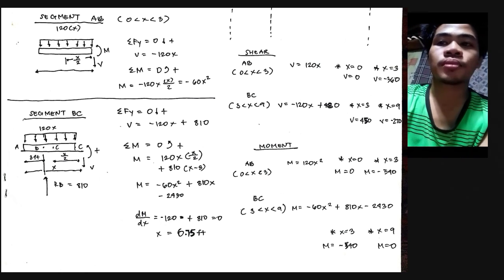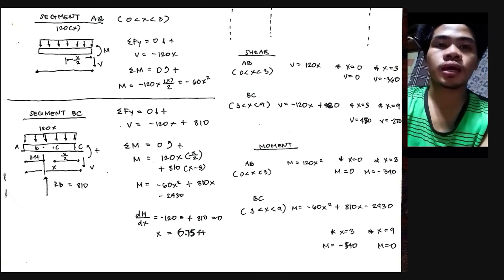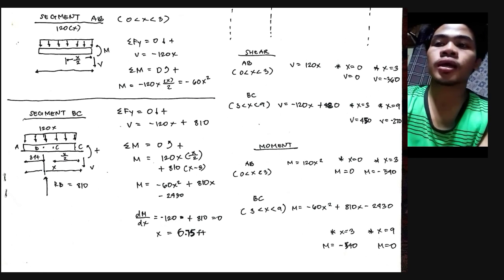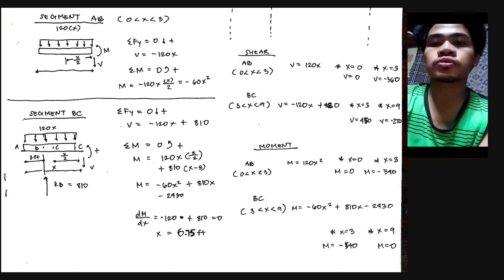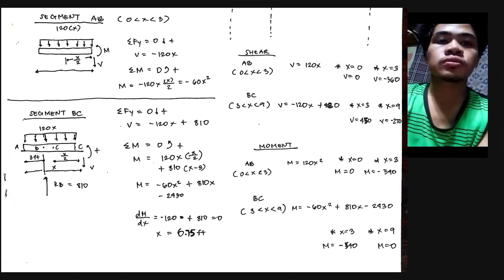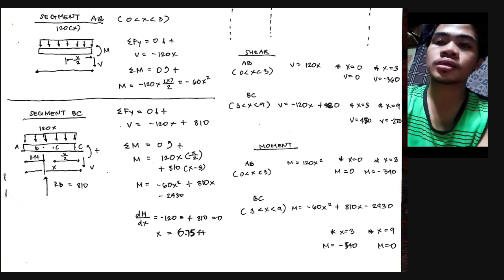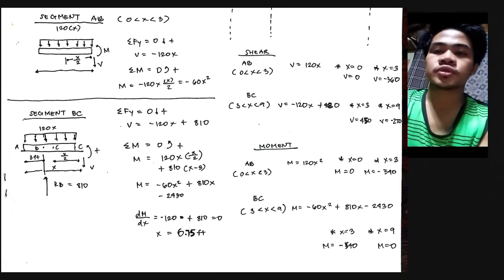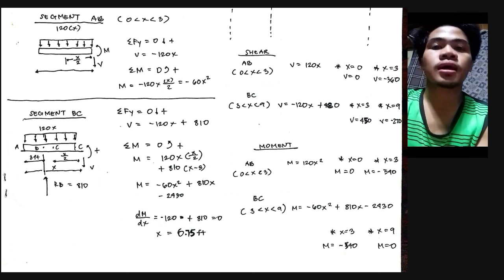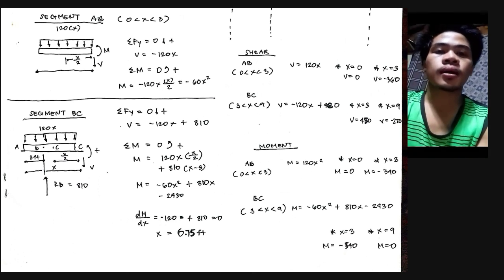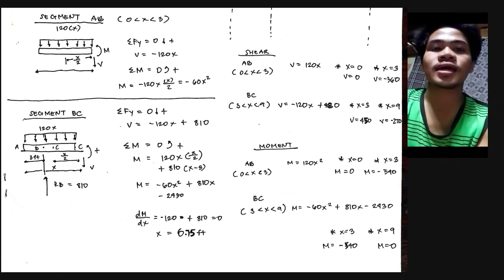For the summation of moments also 0, counterclockwise as positive, M is equal to negative 120x multiplied by x over 2, which is the distance from the centroid here to point C, plus 810 multiplied by x minus 3, and that gives us an equation of negative 60x squared plus 810x minus 2430.